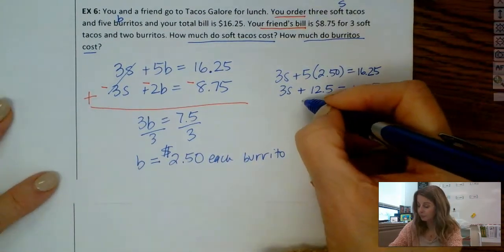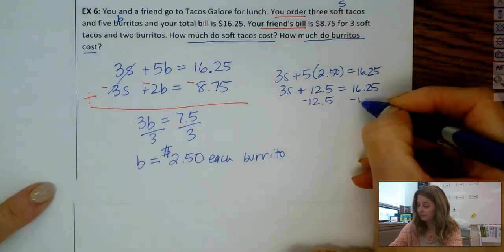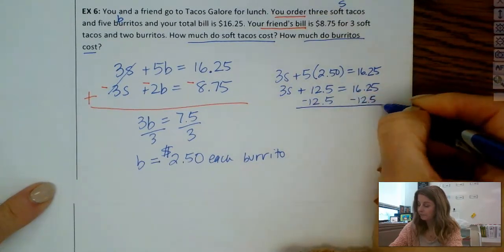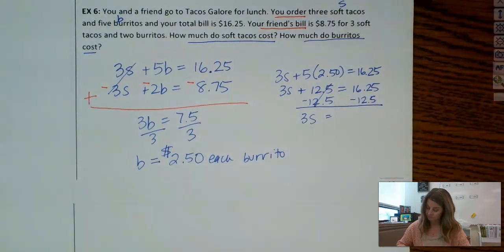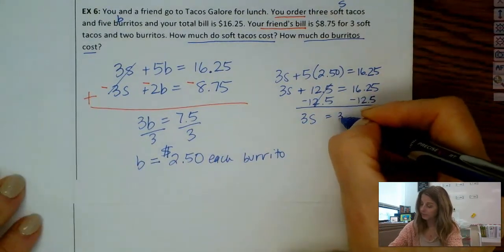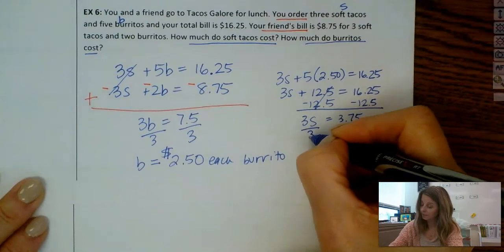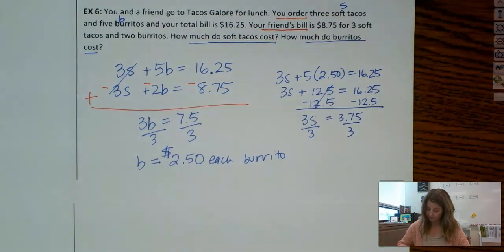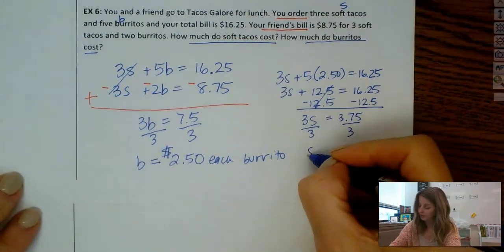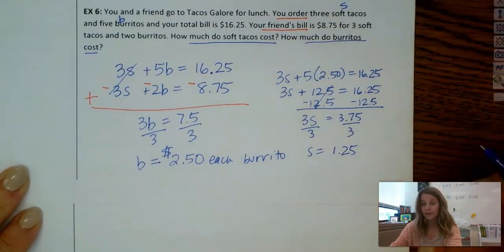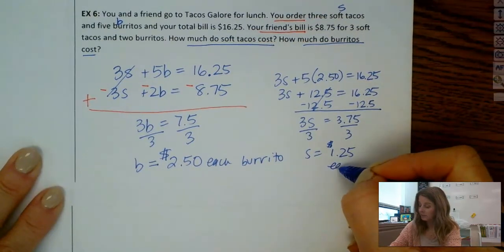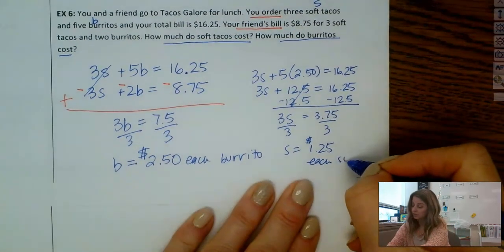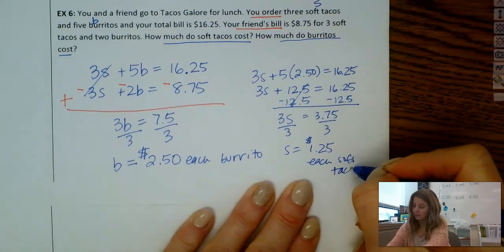Okay, keep going. Take away 12.5 from both sides. So this is $3.75. Divide by 3, divide by 3, 1.25. Okay, that's money. So $1.25 each soft taco.